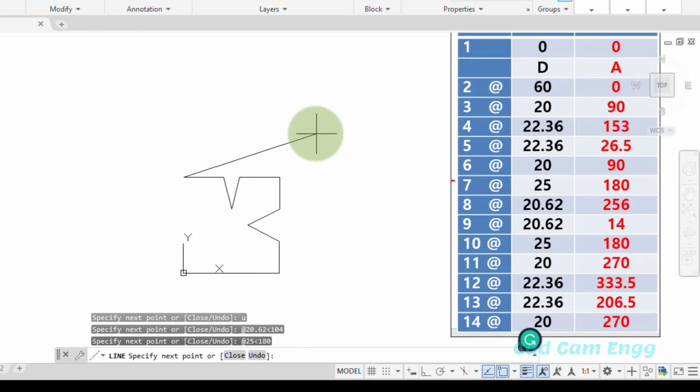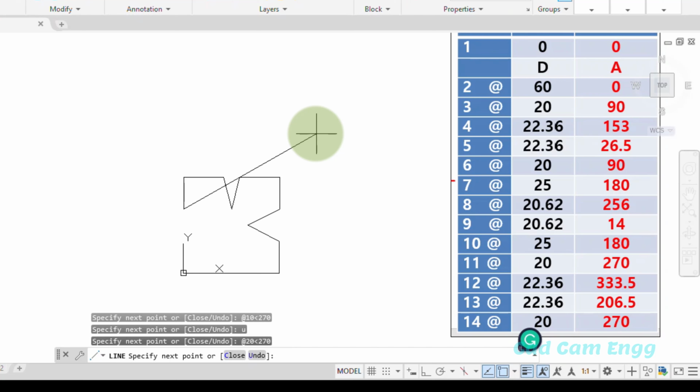Next, point number 11, @10 less than symbol, the value is 270. Now I also entered the value wrongly, because I wanted to type 20 but I typed only 10. So I just press U and enter. Again I give the same value, @20 less than 270. So I get the right values.